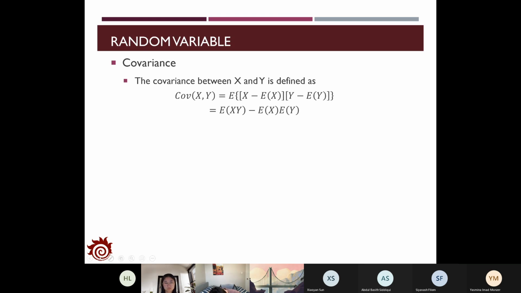So the covariance is defined by this equation. It represents the expectation of the deviation of X from its mean, times the deviation of Y from its mean. And you can also simplify this as the expectation of X times Y minus E[X] times E[Y].